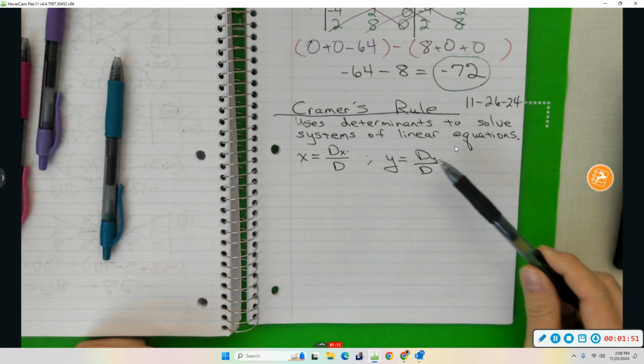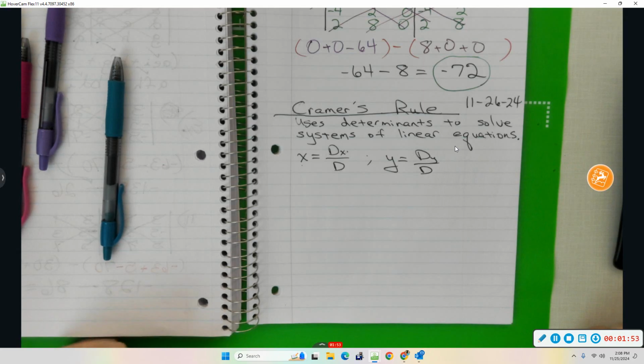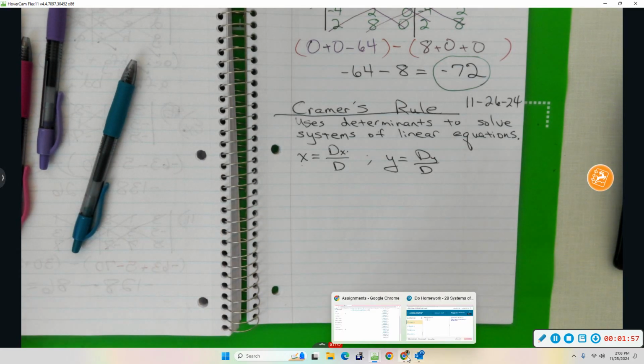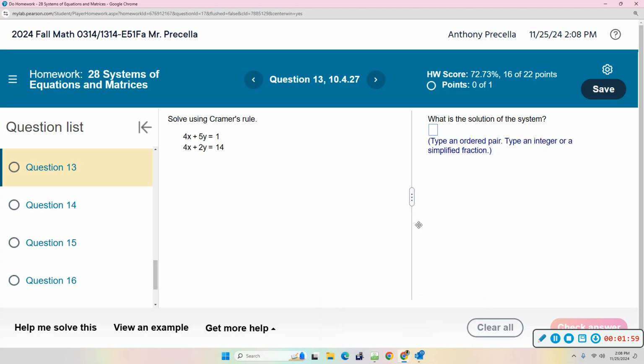And to illustrate this, we're going to look at number 13. Well, number 13 looks like something you could do elimination on pretty easily. Just multiply one of them by -1, but we're not going to do elimination. We're going to use Cramer's rule.